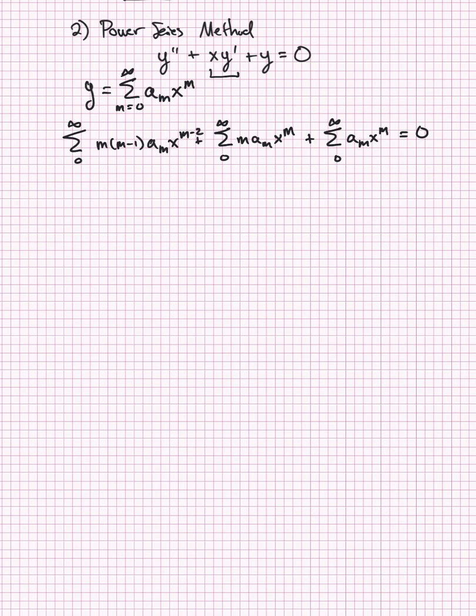Okay, very good. Now, luckily for us, these two have the same x to the m term, so we can combine the series, and then we'll get our recurrence relation in the same way as the last problem. So I'll rewrite this. So we get m times m minus 1 x to the m minus 2, and just m plus 1 am x to the m is equal to 0.